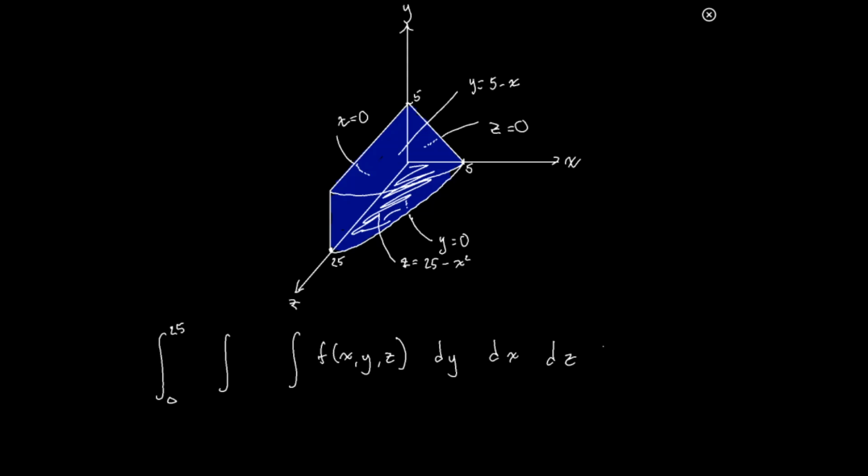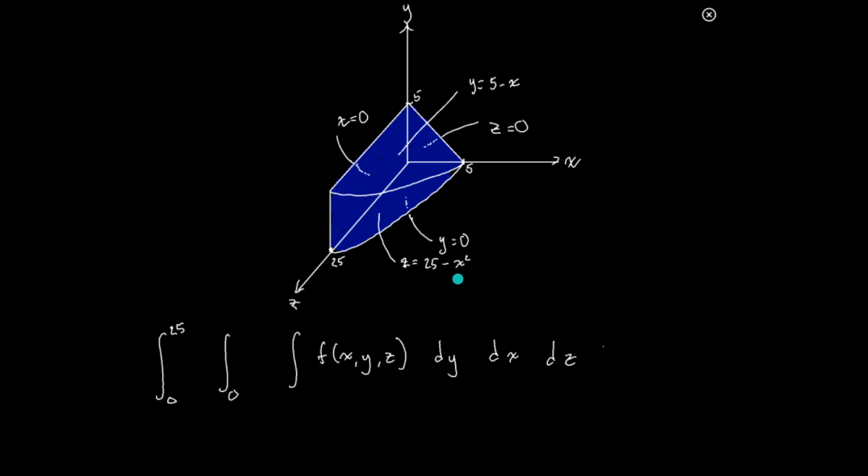And we say, okay, so for that face, if z goes between 0 and 25, then what are my bounds as I go across from that axis to x? My first bound is just x equals 0. And my second bound is whatever this arc is, right? This arc is defined by z equals 25 minus x squared.